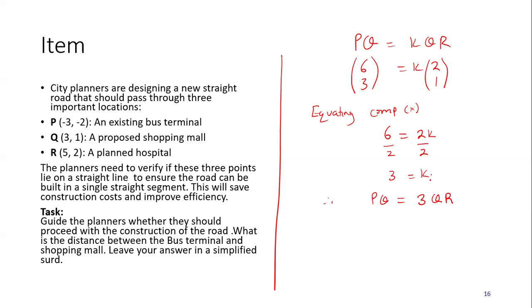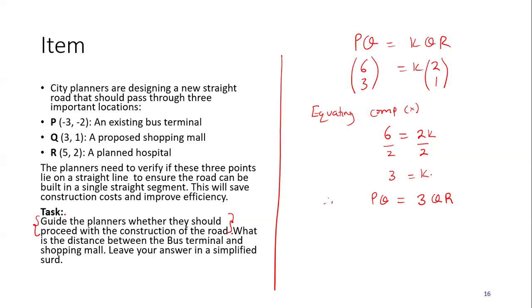And now it is the conclusion that I want us to make better. Because they ask you to guide the planners on whether they should proceed with the construction of the road. Now, this is the task you have at hand. So you must respond, but with a reason.